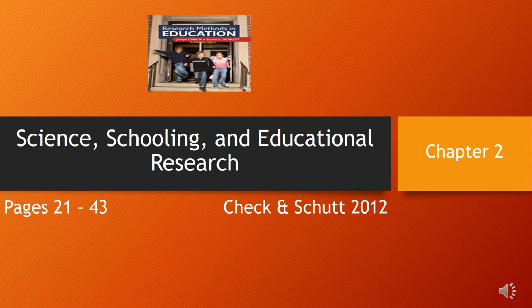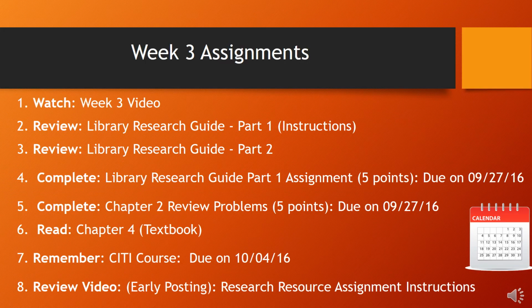We will continue this week with Chapter 2, Science, Schooling, and Educational Research. Week 3 Assignments. Watch Week 3 video. Review the Library Research Guide Materials Part 1 and 2.